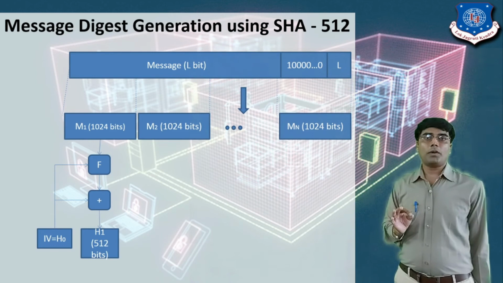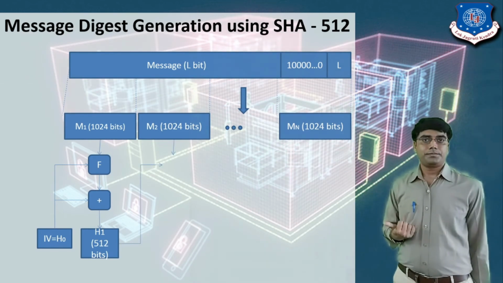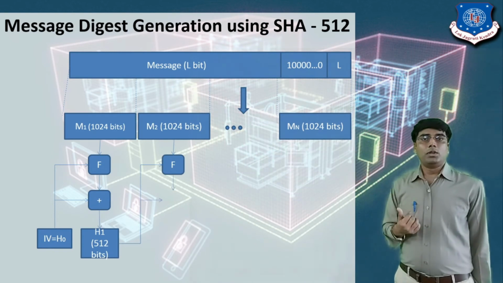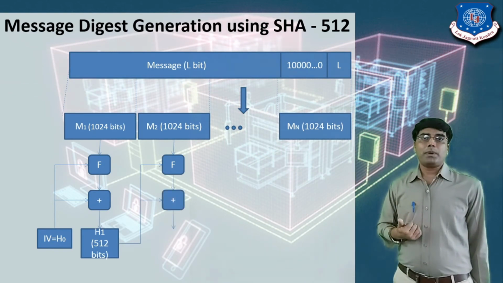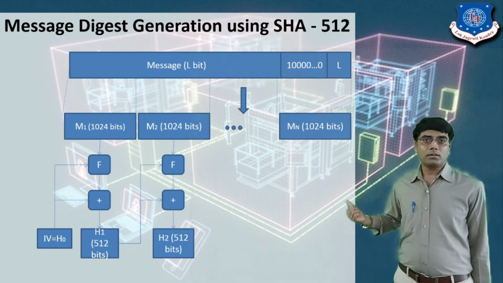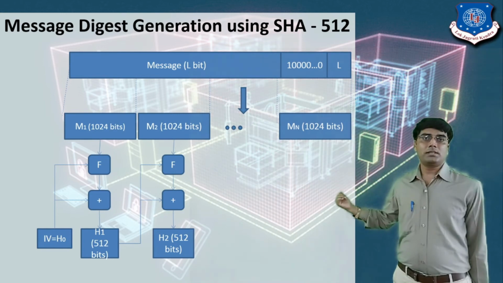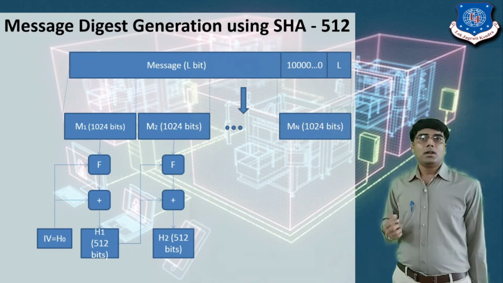Now the output of the first block will be given to the second block, and we will do the same process. After applying the addition, it generates the hash code of the second block, represented as H2, and the size of this is 512 bits.